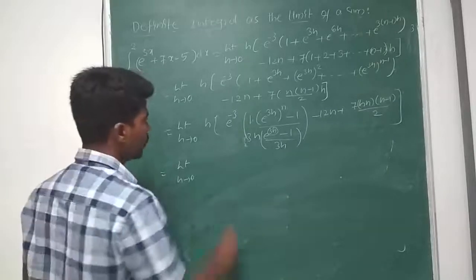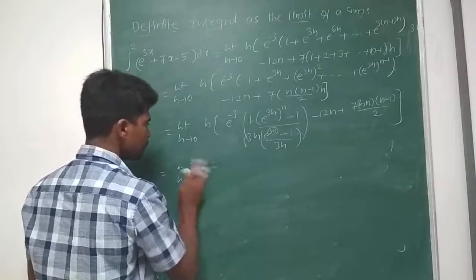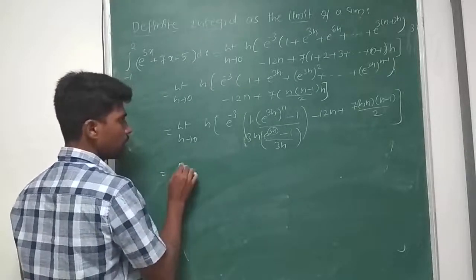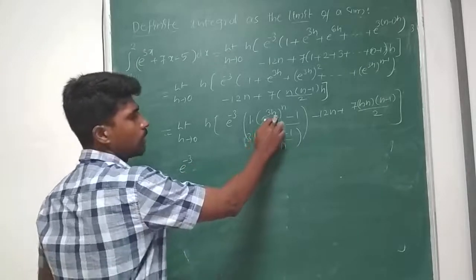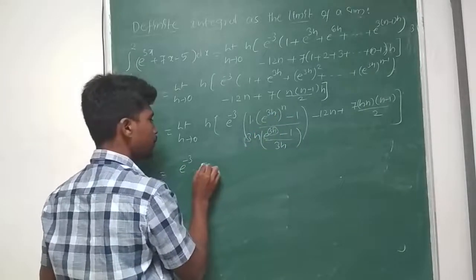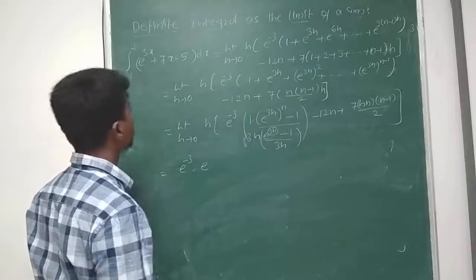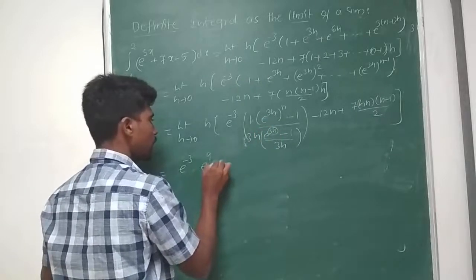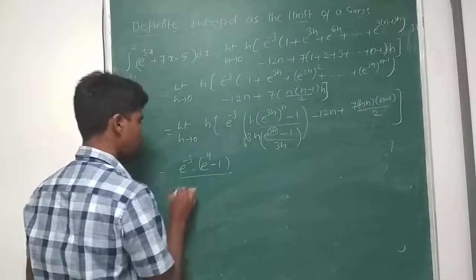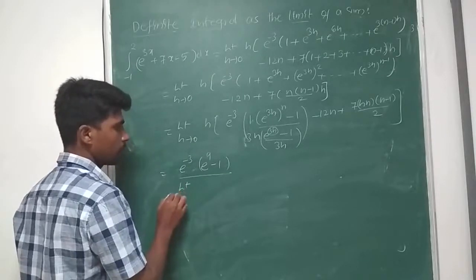Okay. So now send inside e power minus 3 into e power 3 into nh. nh, what value did we get? The value of nh is 3. So e power 3 into 3, 9, minus 1 by.